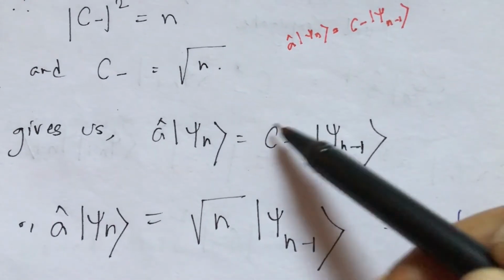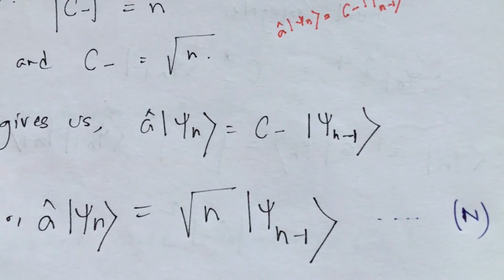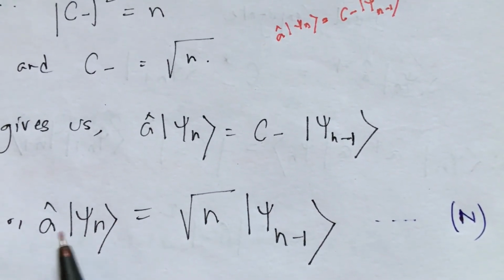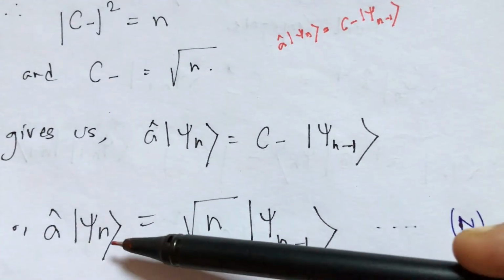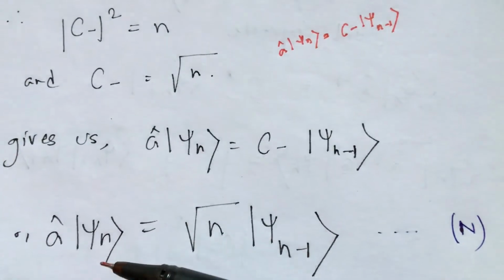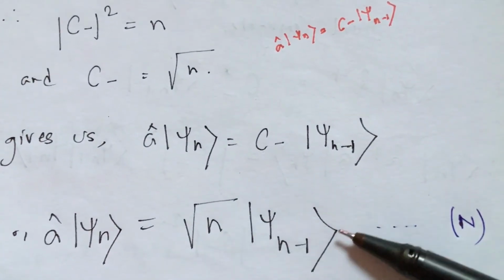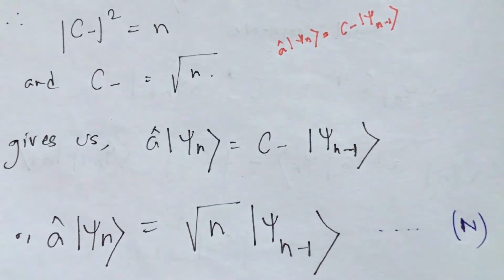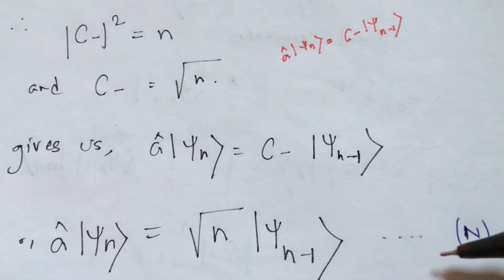So C minus is root over n, and equation n tells me that when A, the lowering operator, operates on an energy state psi n, I will get root over n, and the state will be psi n minus 1. I need this relation in future. So many times we need to use this relation.